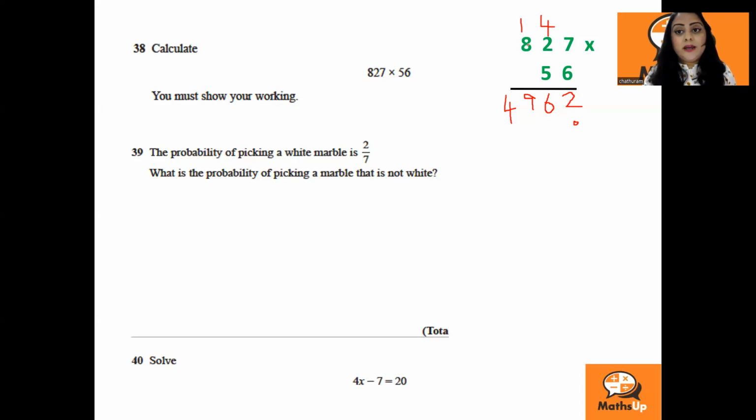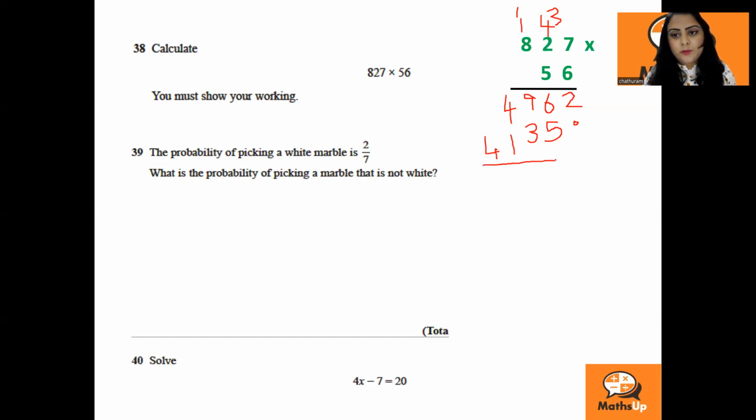Then multiply 827 by 5. 5 times 7 is 35. So I put 5 here, another 3 is remaining. 5 times 2 is 10. 10 plus 3 is 13. 1 I'm taking forward. 5 times 8 is 40. 40 plus 1 is 41.